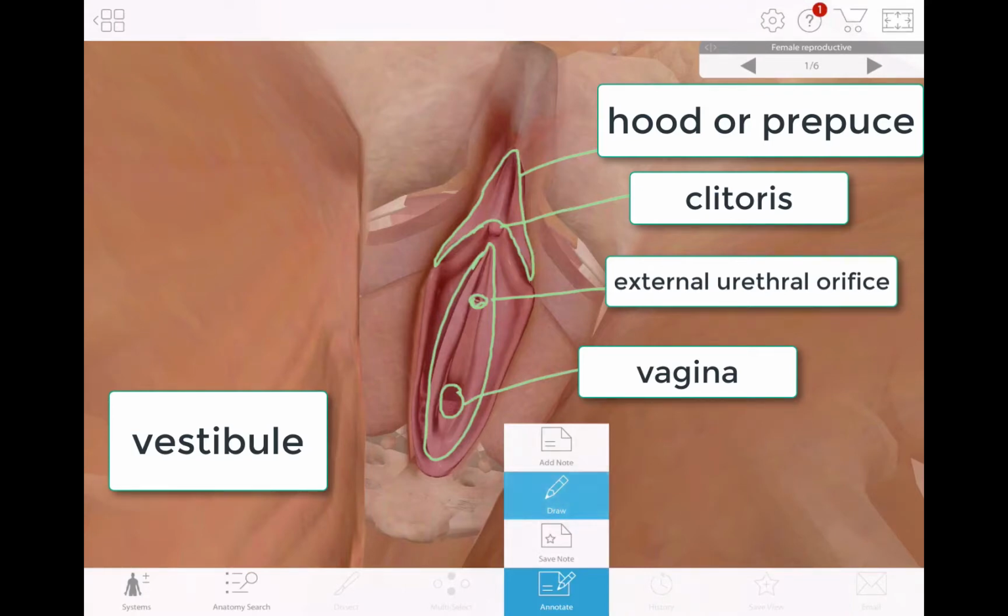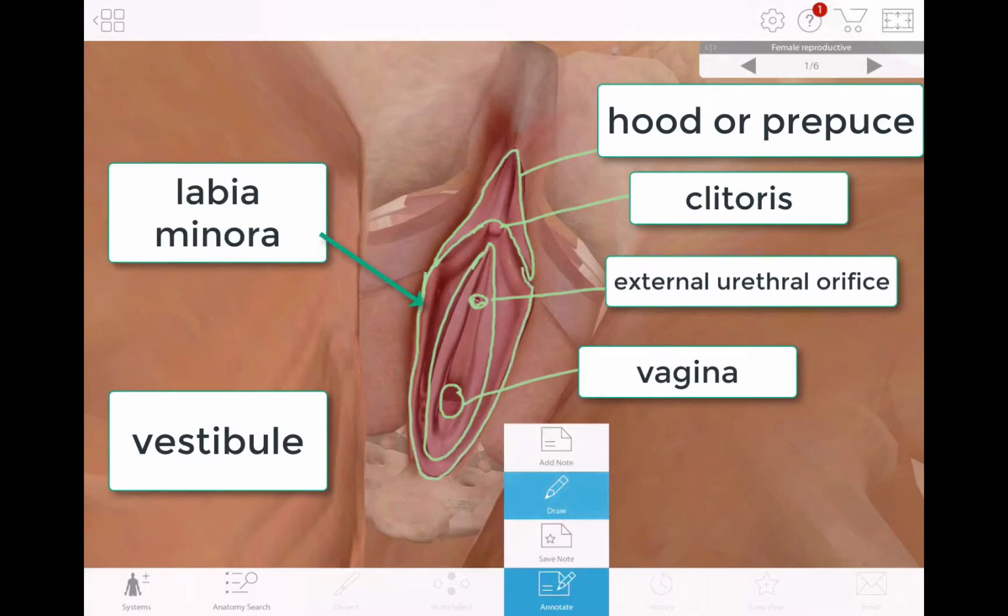So in addition to this, we have these pink parts out here. This is the labia minora. Labia means lip, and minora is basically the more tender skin on the inside.